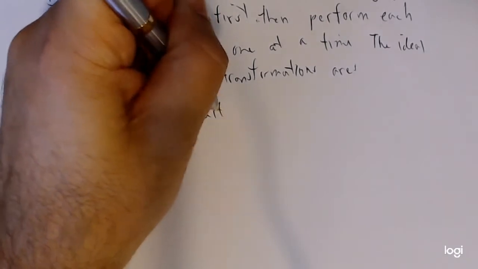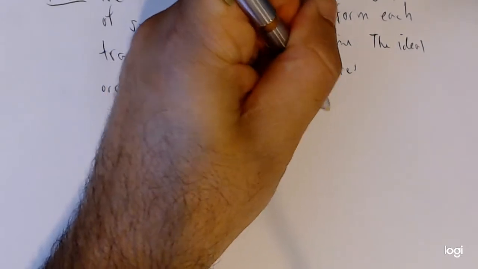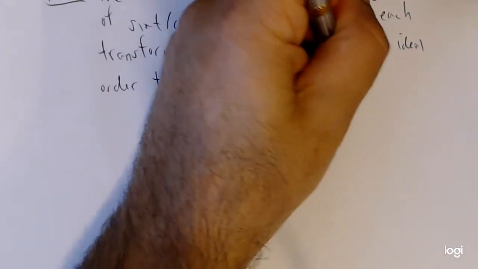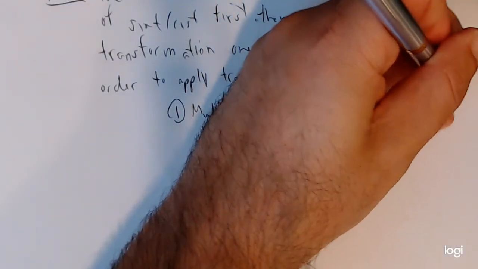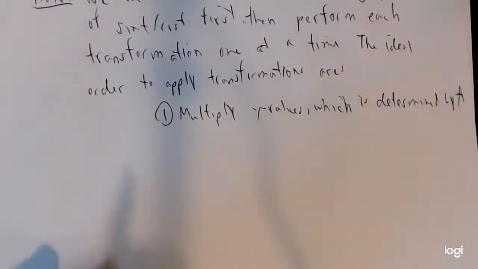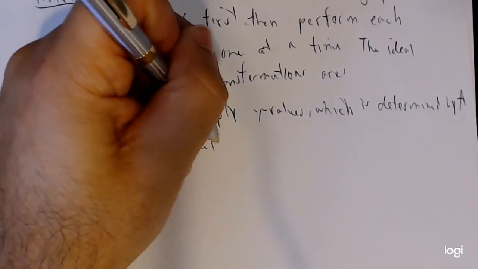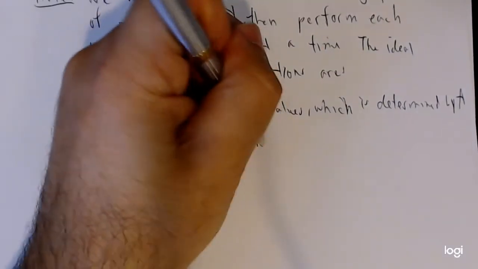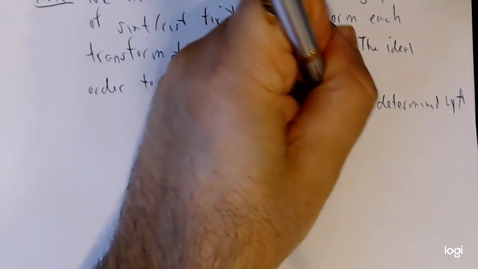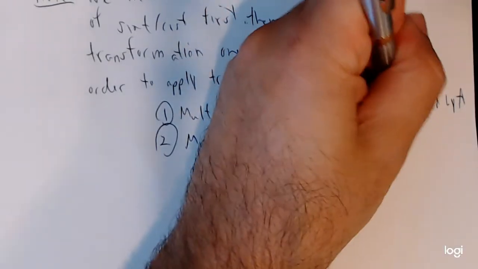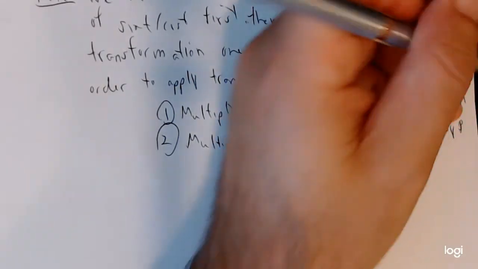So I first always multiply y values, which is determined by a. That's what I go after. Then after I take care of the amplitude, I multiply the x values, which is determined by b.